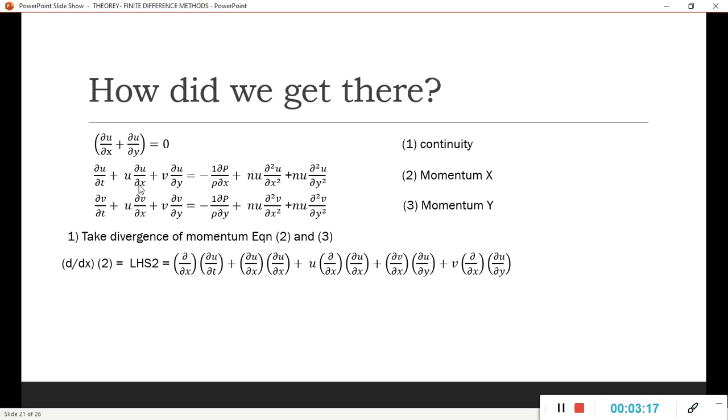For the terms with two velocity components, for example this particular term, we have u as one term and dou u by dou x as one term. So if we take that, we end up with two terms, which is dou u by dou x, dou u by dou x, and the other term where we have u separately and dou by dou x of dou u by dou x.